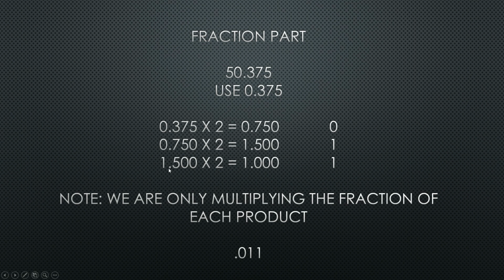Then we're going to multiply just the 0.5 by 2, and we get a 1. That's what I'm noting, that we're only multiplying the fractional part. And with this, we go from top to bottom. So the integer, we go from bottom to top. Fraction part, we go top to bottom.